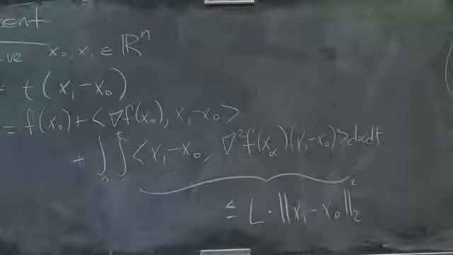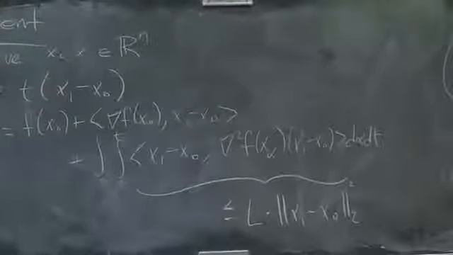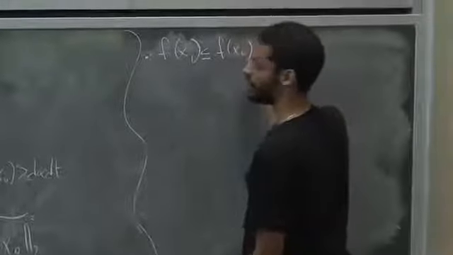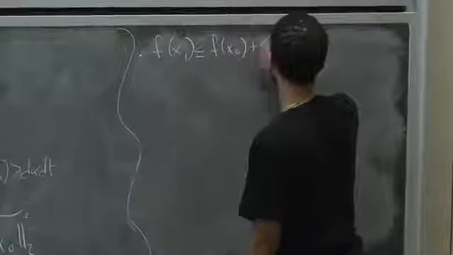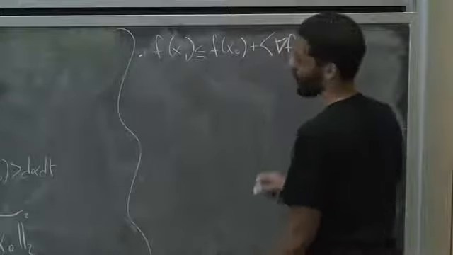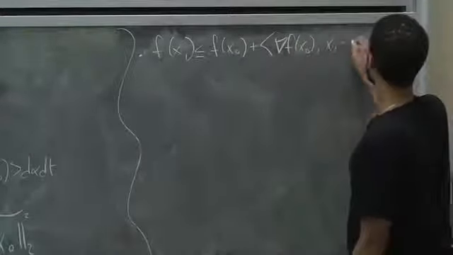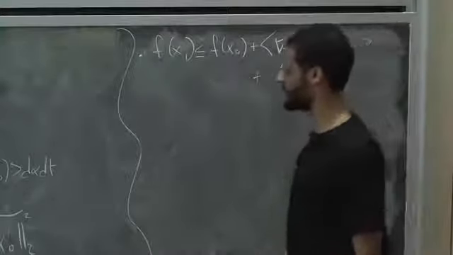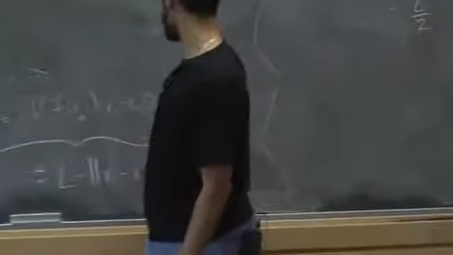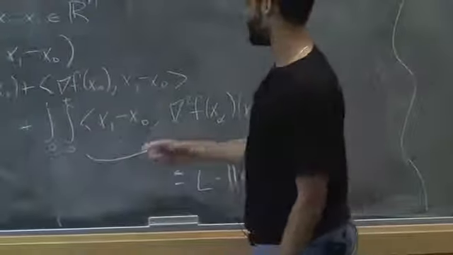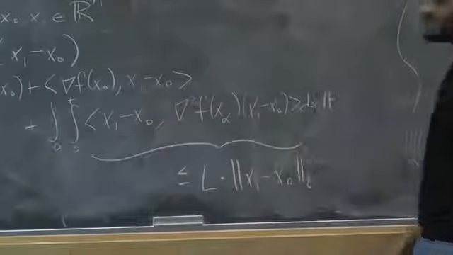Good. So what we have is that f of x1 is at most f of x0 plus the gradient of f at x0 dotted with x1 minus x0, plus L over 2, because now we need to integrate this expression with alpha going from 0 to t and t going from 0 to 1.